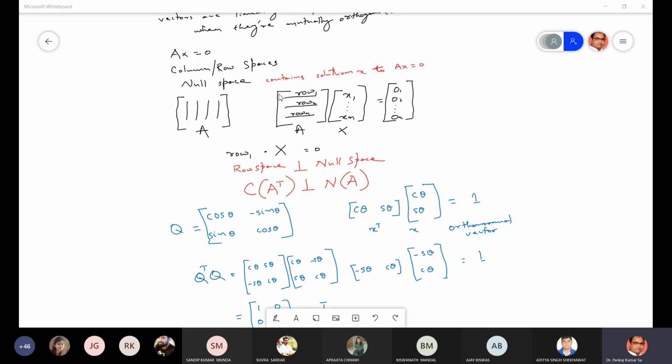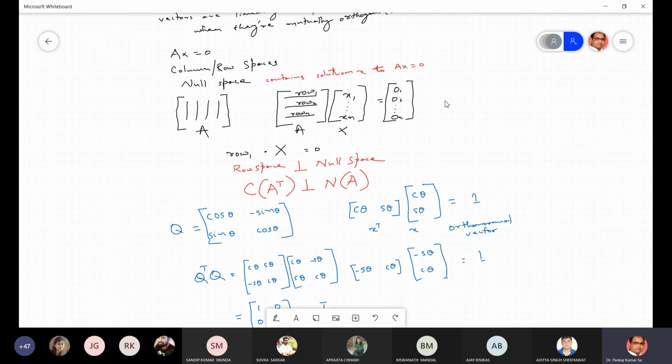So if Ax equal to 0, this A contains several rows of the row space. These are the X, and actually we do row multiplied by this column is equal to 0.